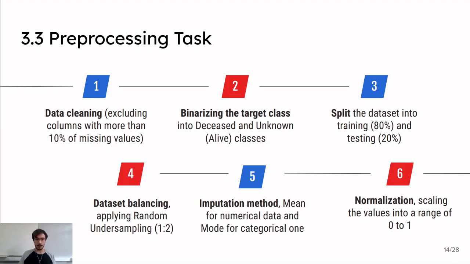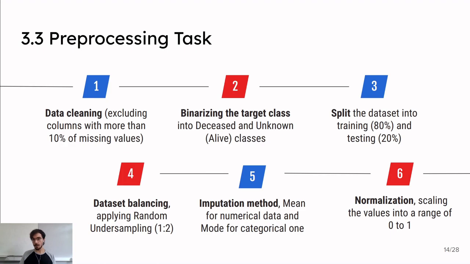Then, binarizing the target class, where we group lethal complications into deceased and unknown, which is alive, resulting in an unbalanced dataset. Then, we perform a dataset split that divides the dataset into training, which comprises 80% of the dataset, and testing, which comprises 20% of the dataset.